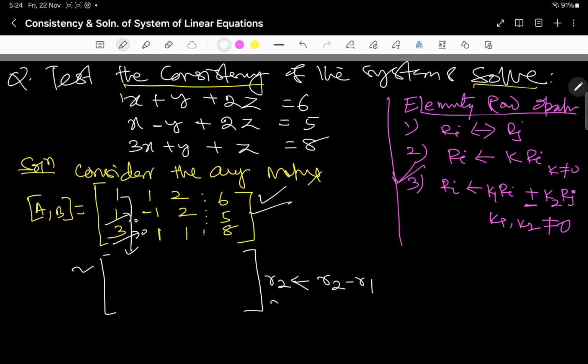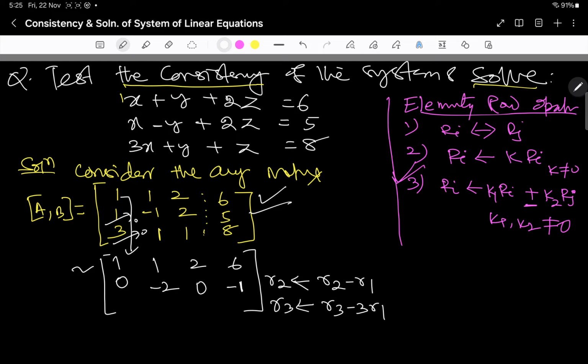Similarly for R3, here it is 3, here it is 1. If I multiply row 1 by 3 and subtract it from row 3, it is R3 minus 3R1. R1 remains unchanged, and R2 becomes R2 minus R1. So 1 minus 1 is 0, here it is minus 2, here 0, here minus 1.